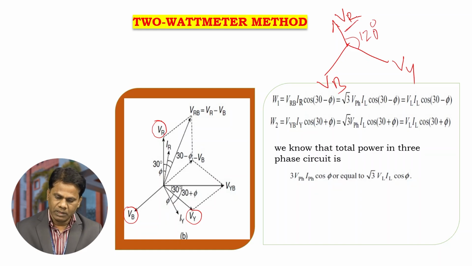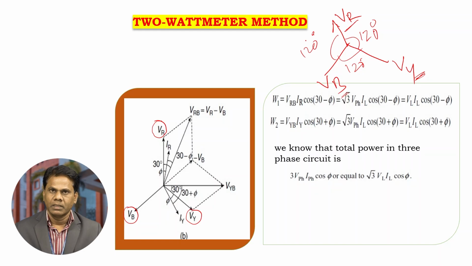VR is 120 degrees away from VY, and VB is 120 degrees away from VY. Similarly, this is the case, 120 degrees each. So I am considering VR, VY and VB, and we can see the phasors of VR, VY and VB. In this phasor diagram, I am considering a lagging load.